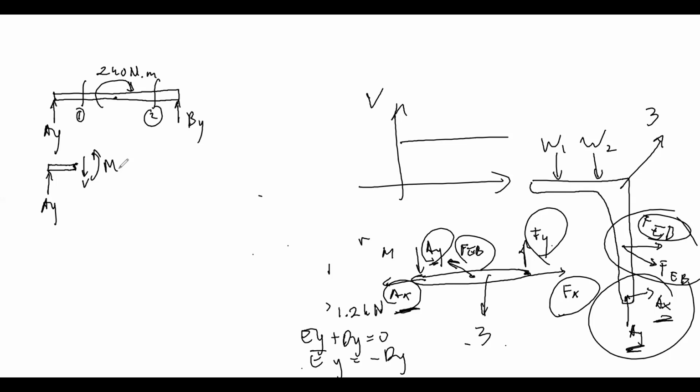Yeah. So this is your cutting, and because it is the first cut, the equation is supposed to work from this particular point AY until the moment 240 Newton meters, right? So the cutting happens in between those two.